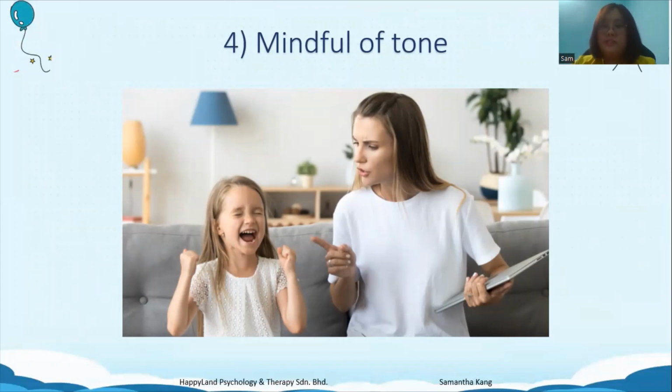There's a different tone. You can hear the different tone. Instead, we try to avoid giving a monotone, like hi, so flat. The child will actually feel bored and less interested if the parent or the caregiver communicates in a monotone. Okay, they don't feel interested at all.